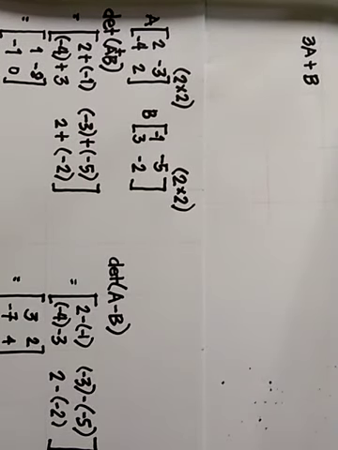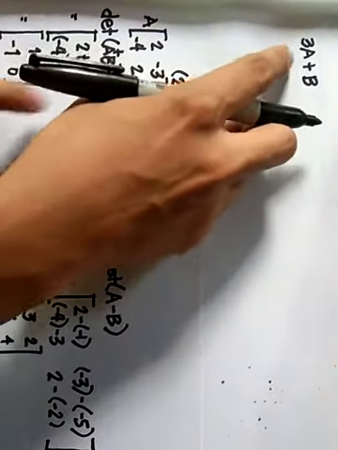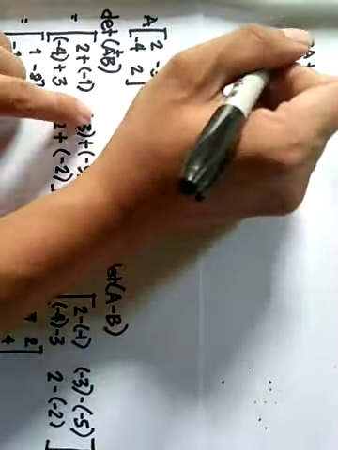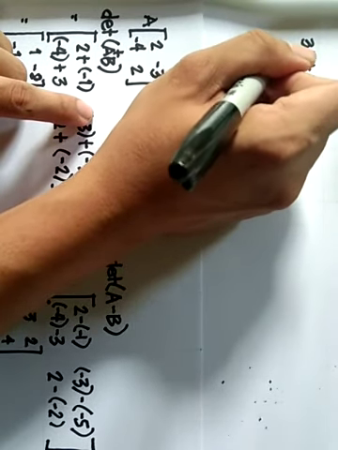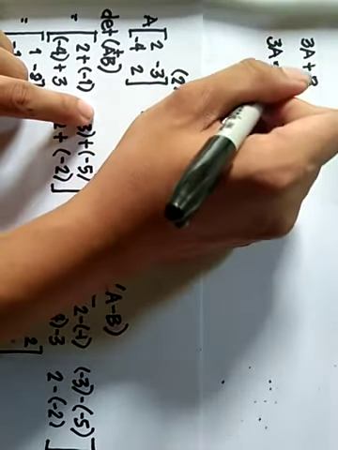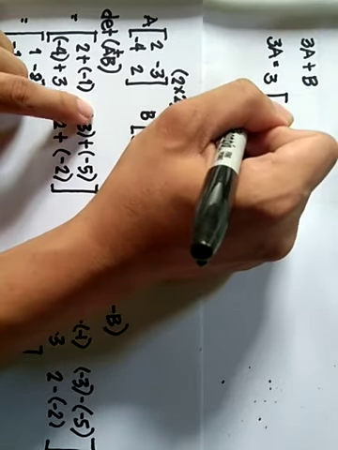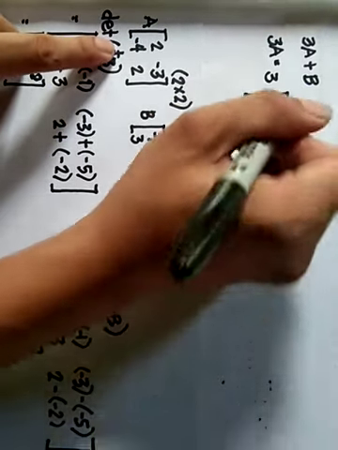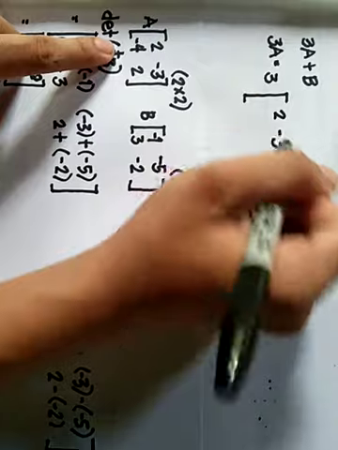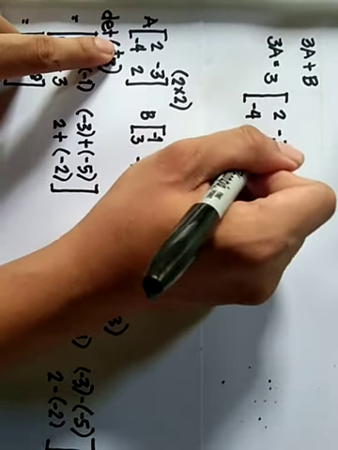So first, since siya is a scalar quantity, i-multiply lang natin yung A natin ng 3. So since we have 3A, we will have 3 times yung quantity ng A. So we have 2, negative 3, negative 4, and 2.